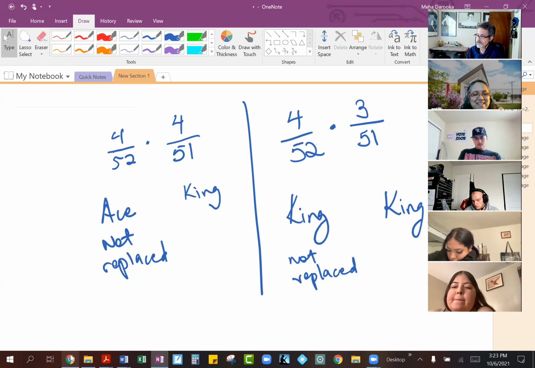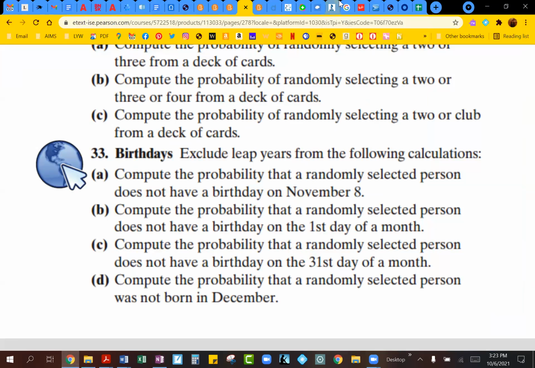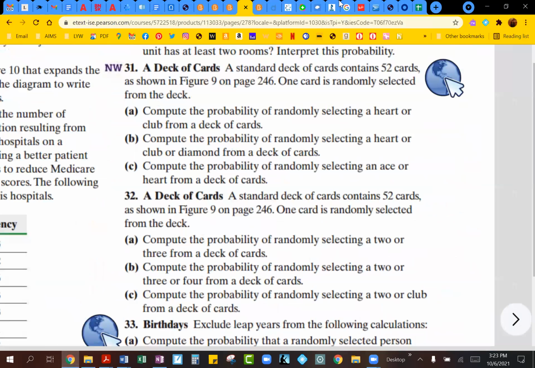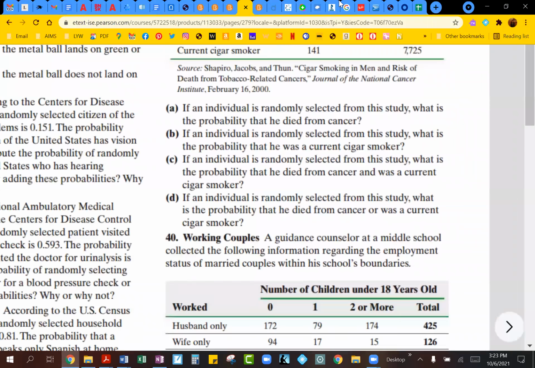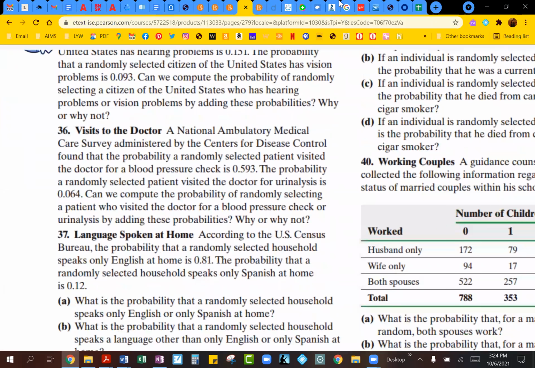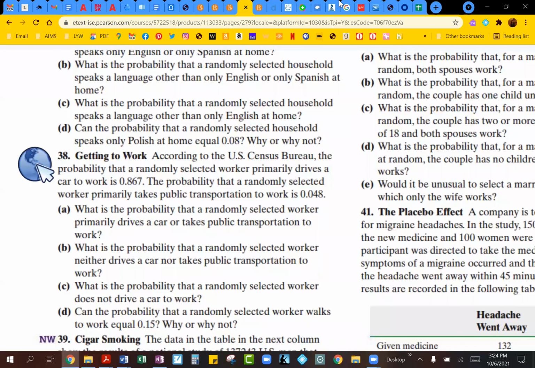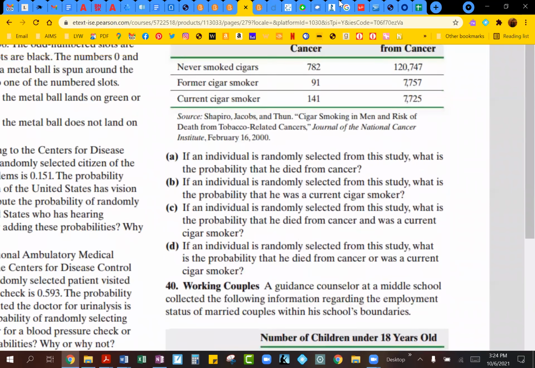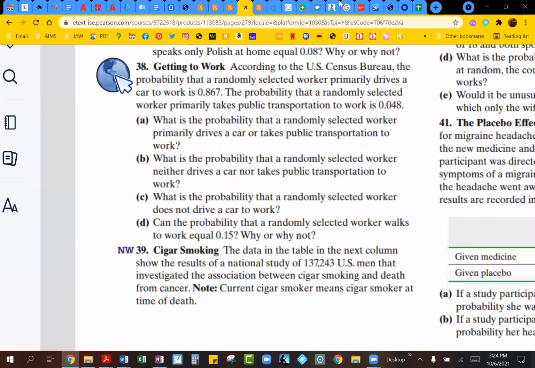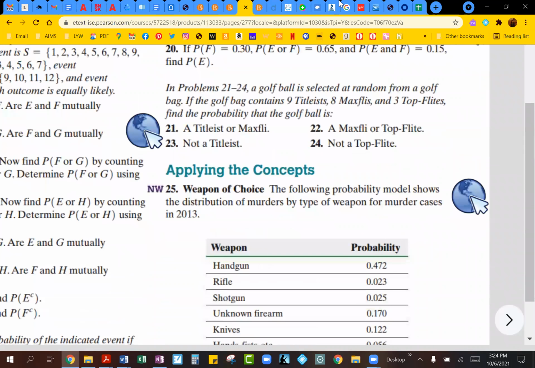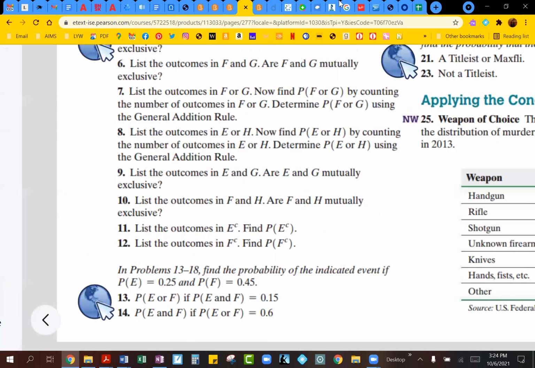Okay, wonderful. So let's see something with it. It has to tell us it's not replacing or something, so we know it's going to be dependent. Okay, these are more generic examples.